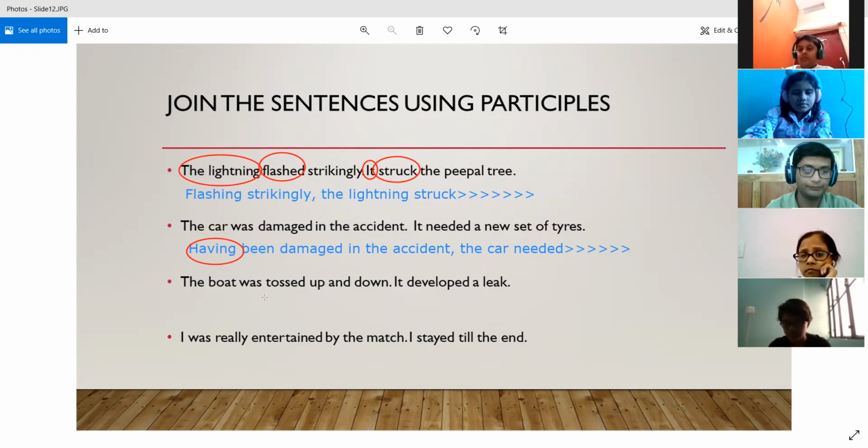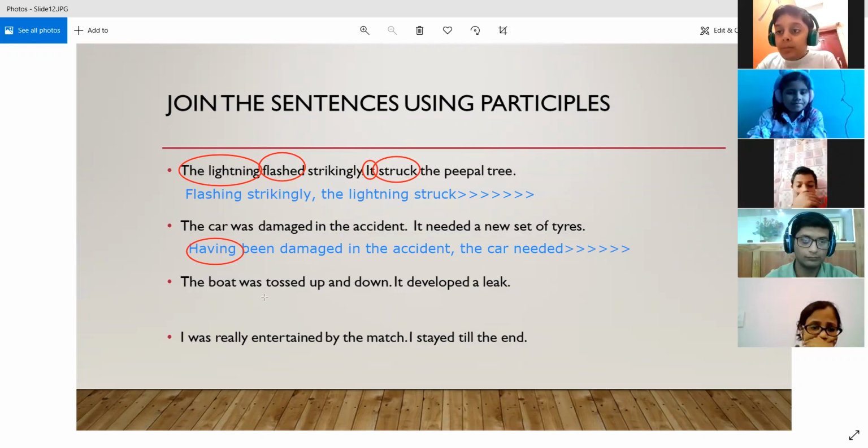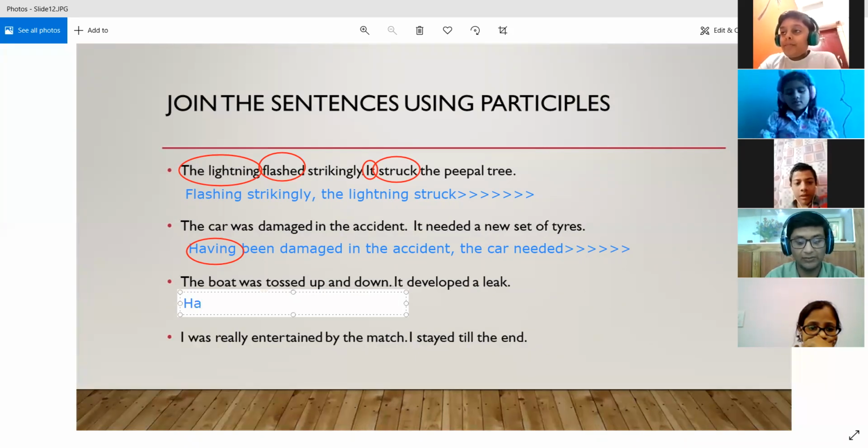Yes, Aryan. Sir, having been tossed up and down, the boat developed a leak. Yes, having been tossed up and down. So the same situation again: tossed up and down is there. So again we are modifying the verb with the help of the present participle.